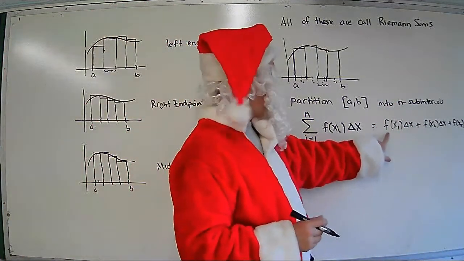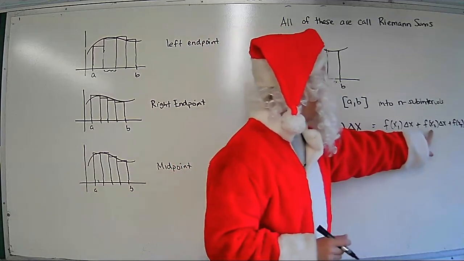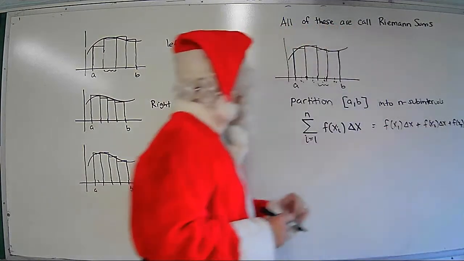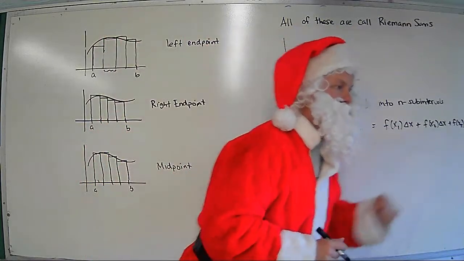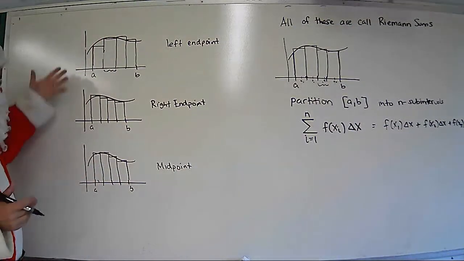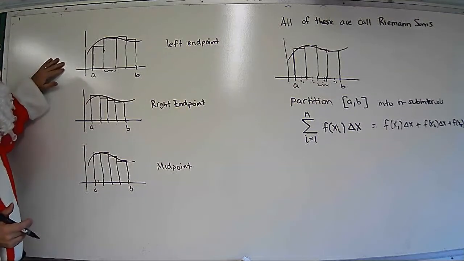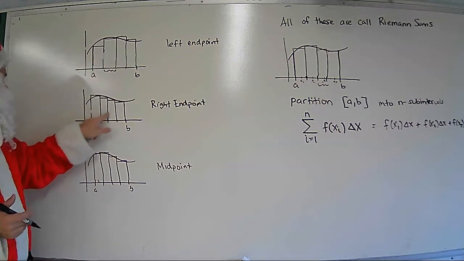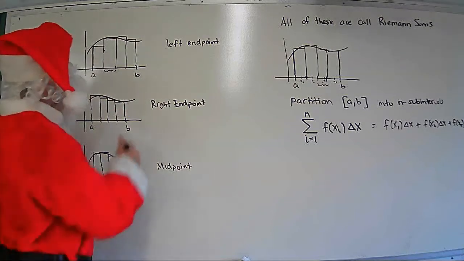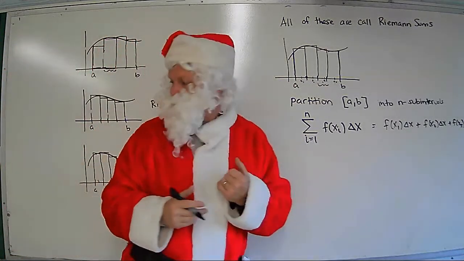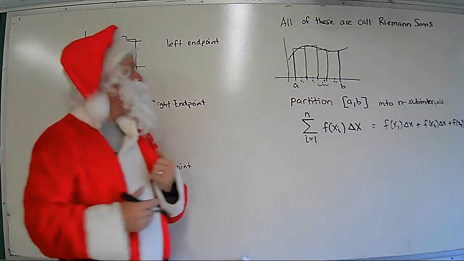And you do that until you have all n of them. In this particular picture, this is a Riemann sum with 4 subintervals, 4 boxes, 4 delta x's, if you will. And typically the delta x's are all the same width.